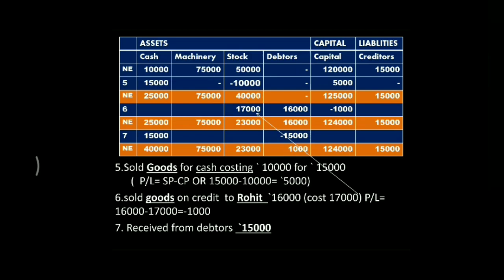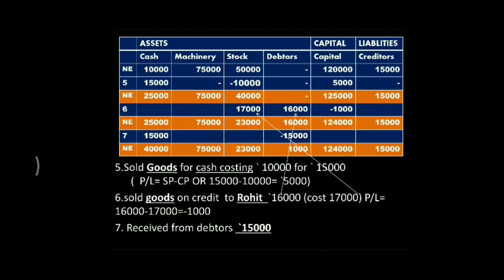But here the sale is not a cash sale, it is a credit sale. Whenever there is a credit sale, debtors arise. That means Rohit is supposed to pay rupees 16,000 to the business, so as a result of the credit sale, debtors have also arisen.